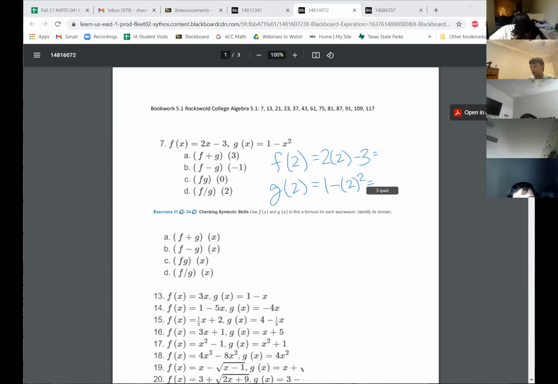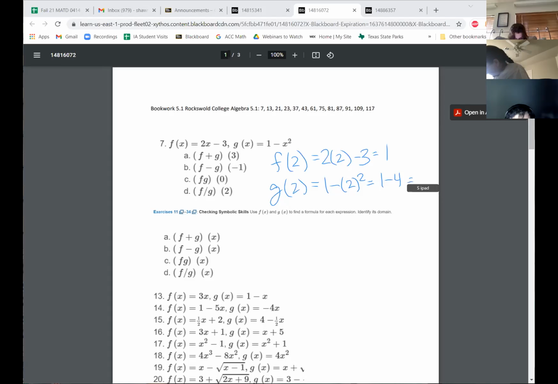So what'd you get for the top one? So 2 times 2 is 4. So that's 4 minus 3, gives you 1. Good. And then the 2 squared, it's going to give you 4. So it's going to turn into 1 minus 4 equals -3.